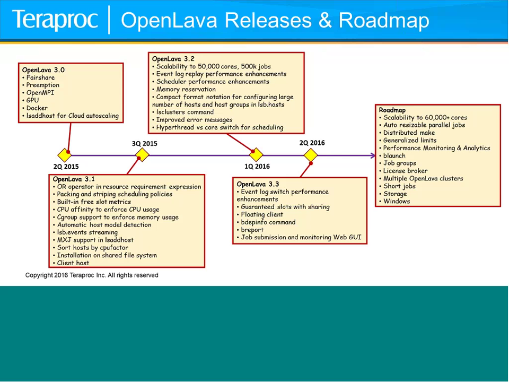Things like making it easier to express your resource requirements if you have multiple types of licenses was one of the motivations. Enhancing our scheduling policy is another; you will continue to see themes like that as we hear from our community, whether it's packing or striping, or another policy that optimizes for a particular metric.